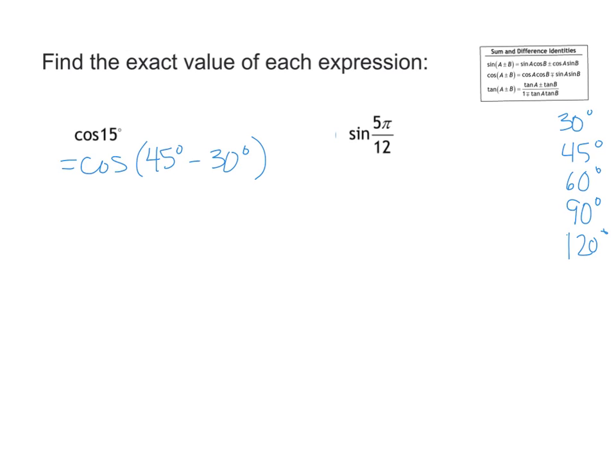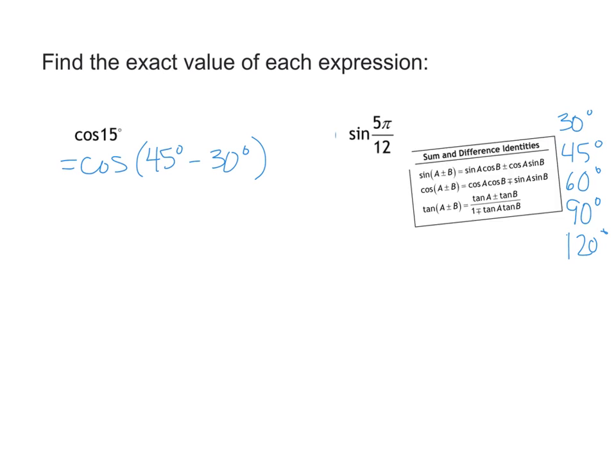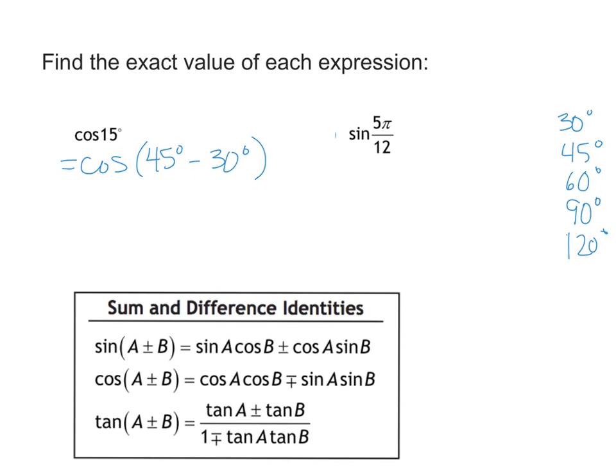But once we do that, then we need to look at the sum and difference identities again. And this is now a cosine difference because difference means subtracting, right?